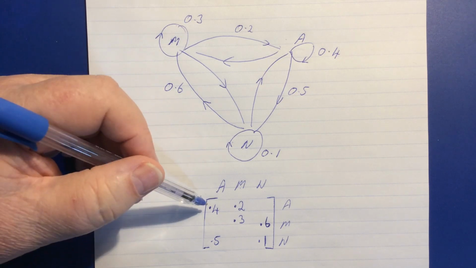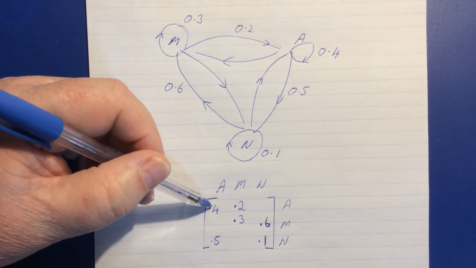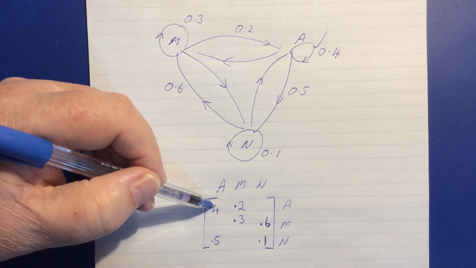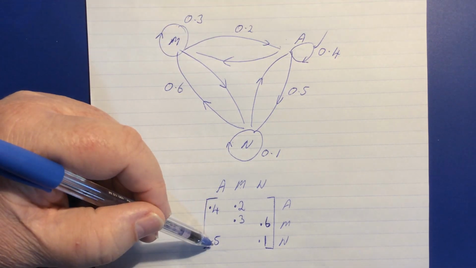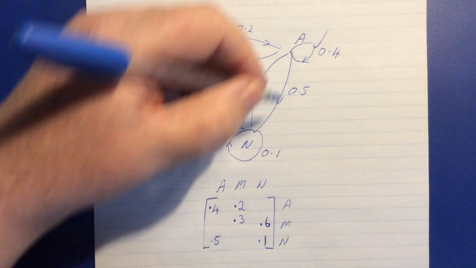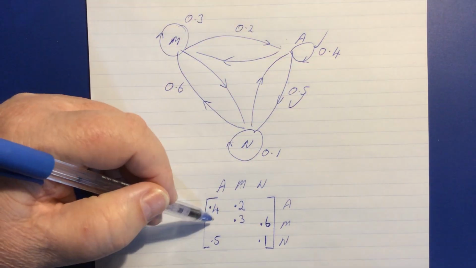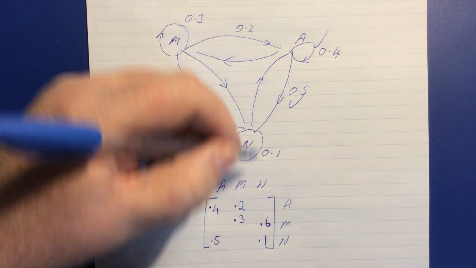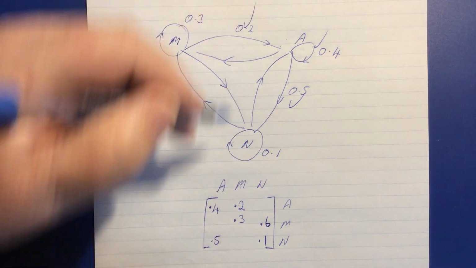Now, I'm just going to go through these and tick each one of them off. A to A, 0.4, done. A to N, 0.5, done. M to A, 0.2, done.